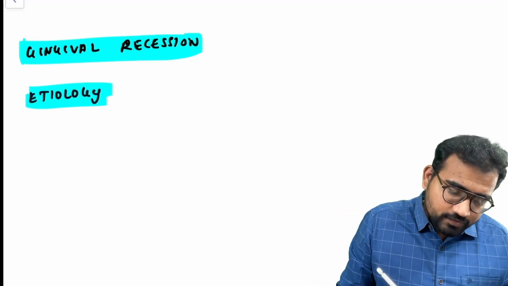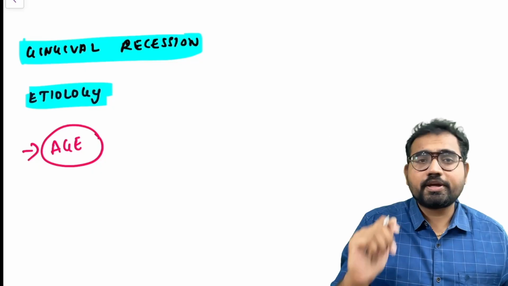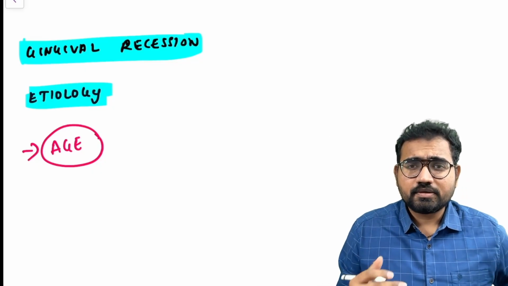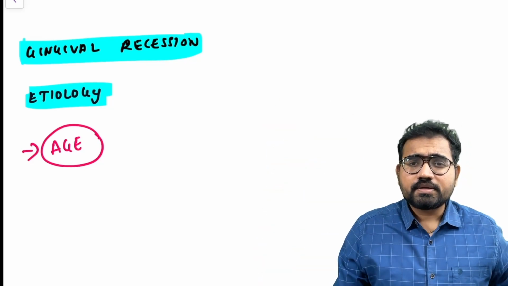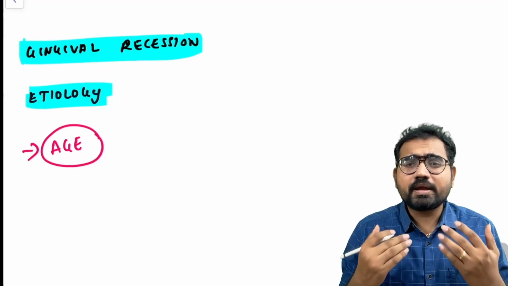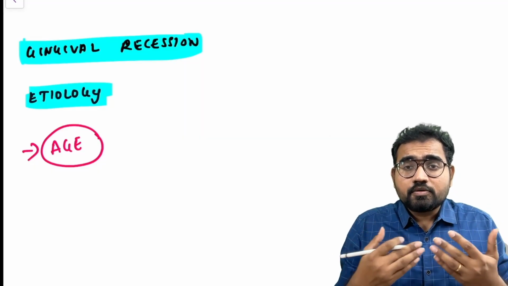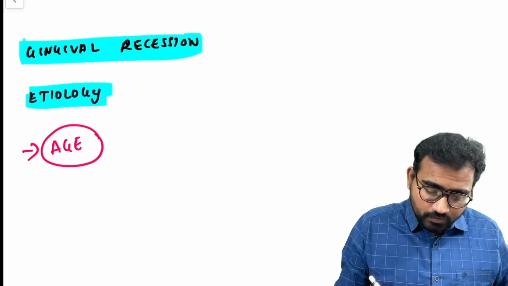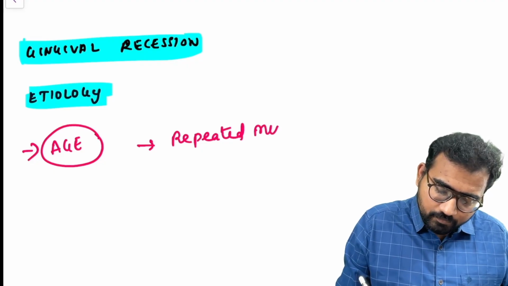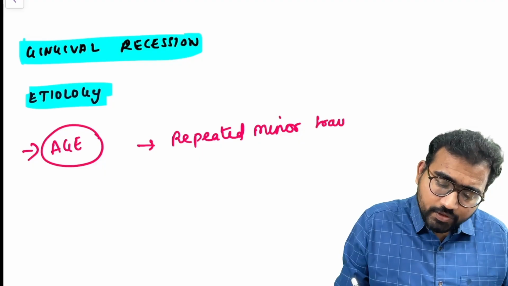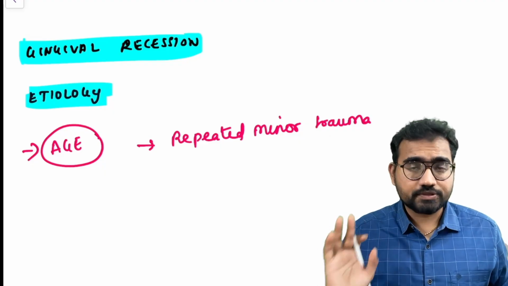The first and foremost will be age. What happens as the age increases? As the age increases, there is going to be repeated minor trauma to the gingiva, just happening over a period of years, which is going to result in recession.